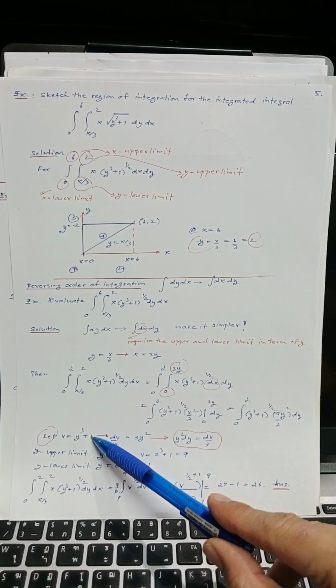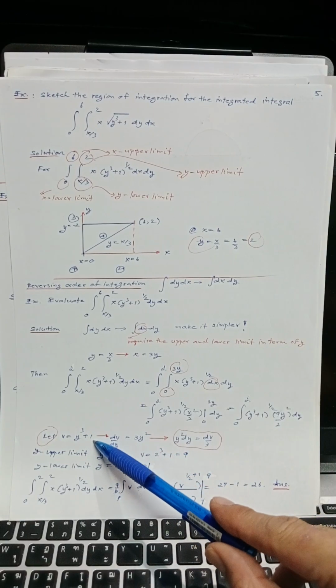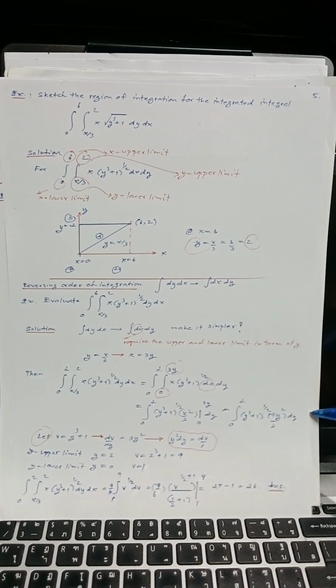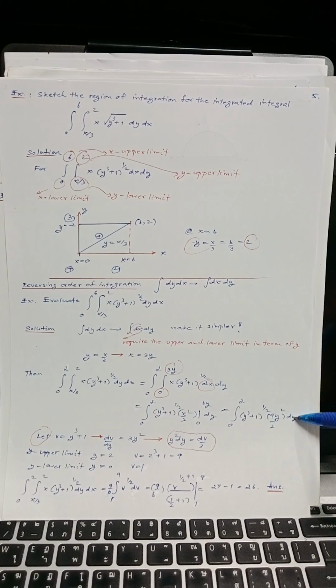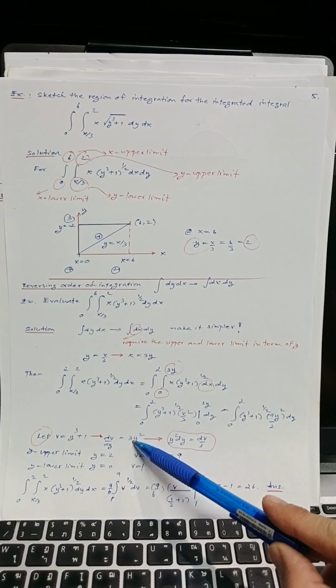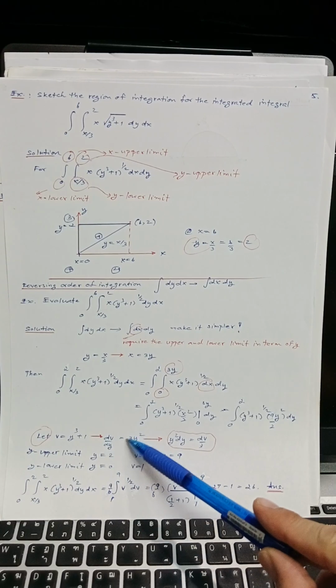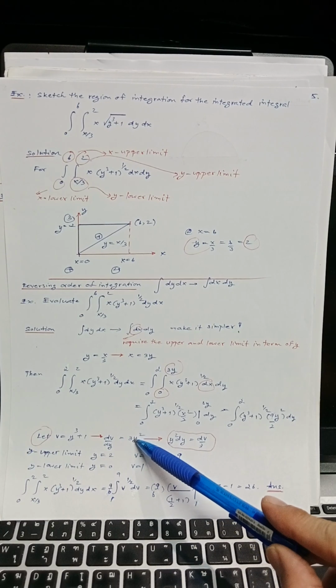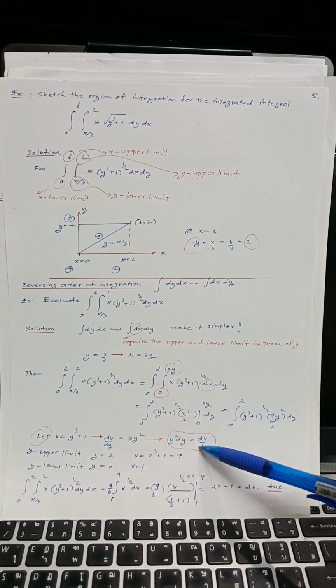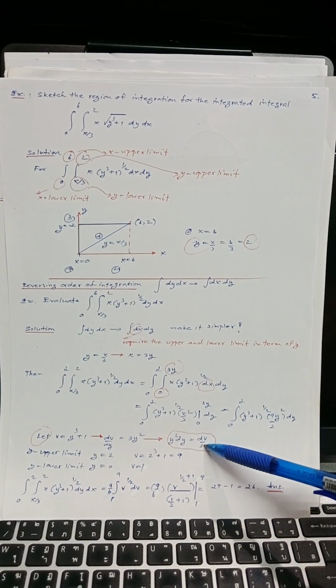You differentiate 1, that's constant, that gives you 0. And you can write dy in the term of dv, because we want to change everything from y to v. Since you have y squared dy here, that equals dv over 3.